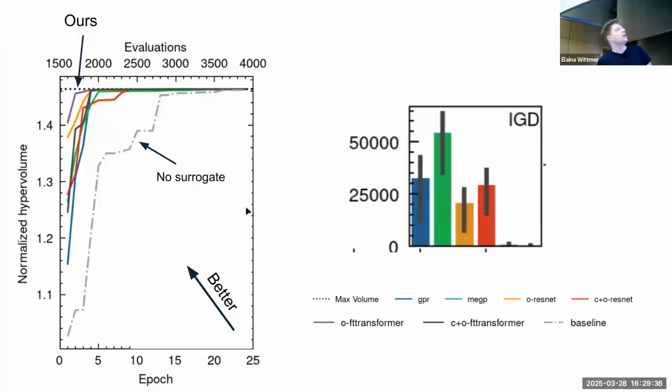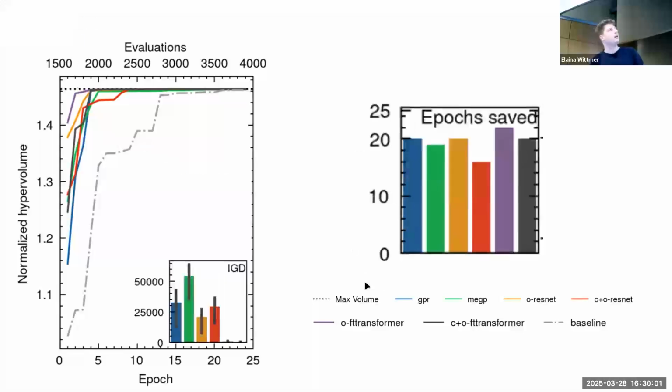If we look at the solution that we find and compare it to our optimal solution with IGD, we can see that our models are very close to the optimal, outperforming these more conventional baselines. And this is just for one cell. Importantly, what we are really interested in here is saving the compute.